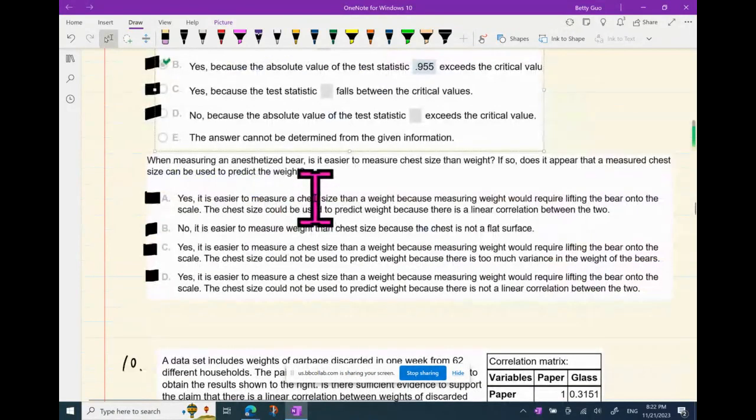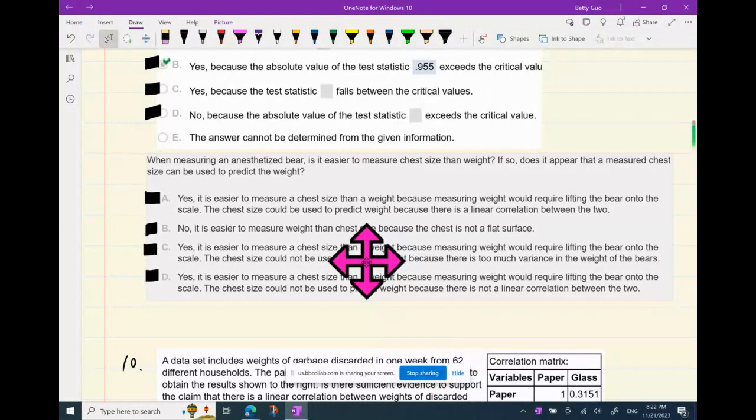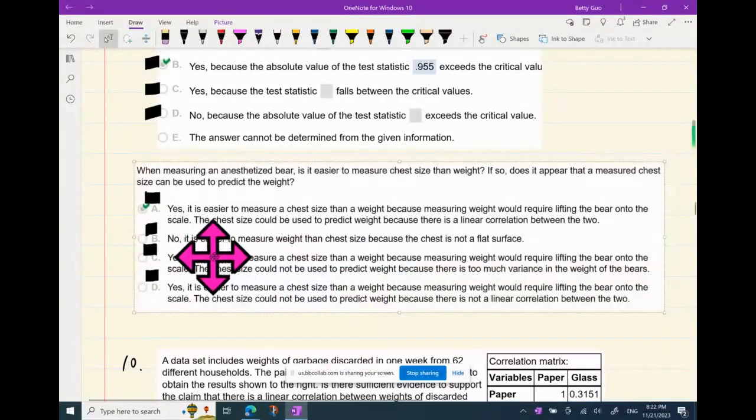When measuring a bear in sleep, is it easier to measure chest size than weight? I would say yes. If so, does it appear that a measured chest size would be a good prediction for the weight? I would say yes. It is easier to measure the chest size than weight.